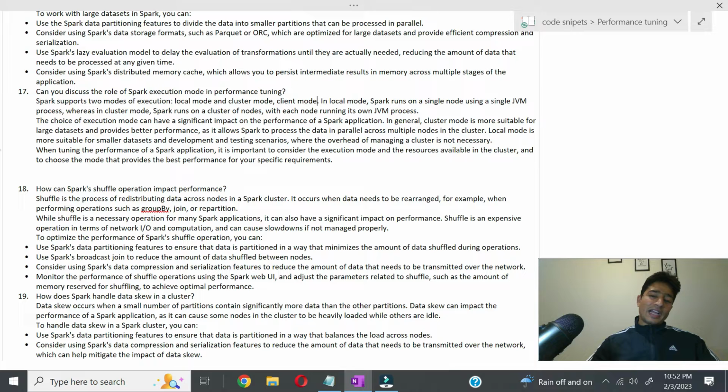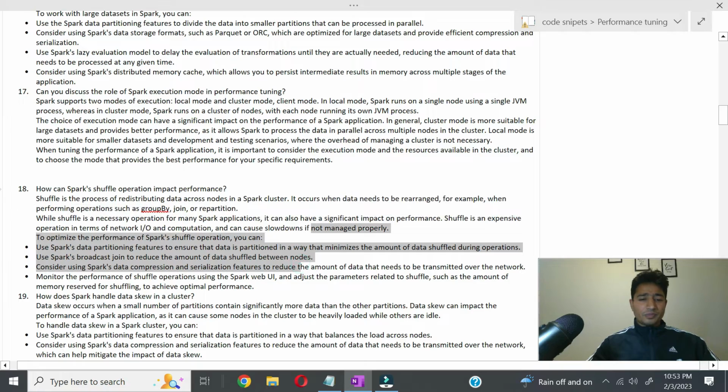Client mode is used when you have a large data set to process and you want to see the result on the client machine, for example, when you are doing interactive query execution, right? Which one is the best performing? Obviously cluster mode, because the jobs are running on the distributed cluster, right?